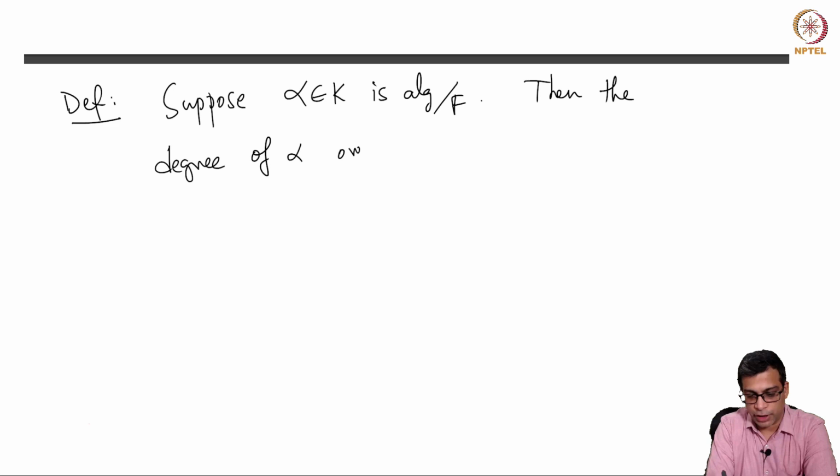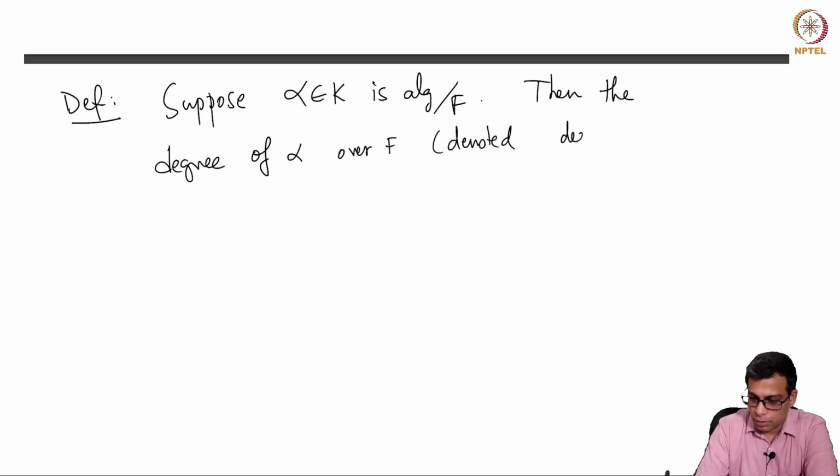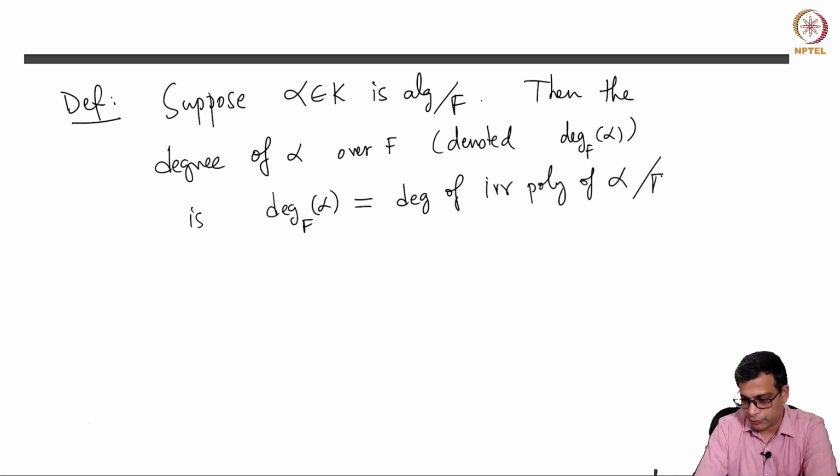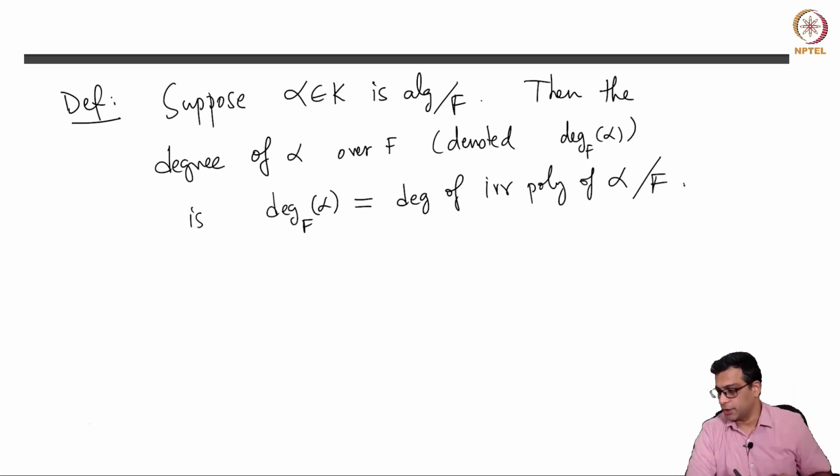Degree of alpha over F, denoted degree sub F of alpha, is by definition the degree of the irreducible polynomial of alpha over F. Okay, so that is the degree.